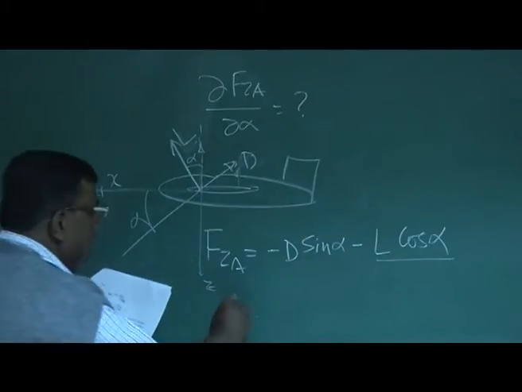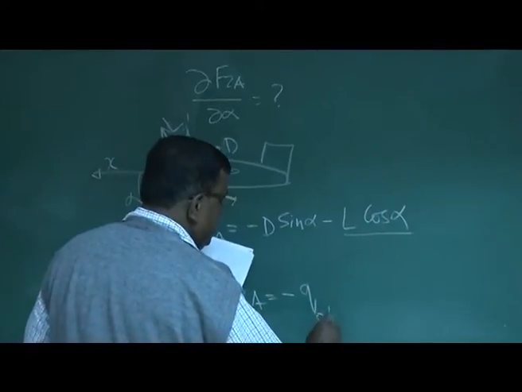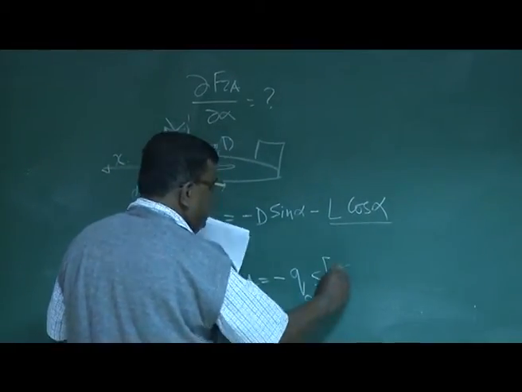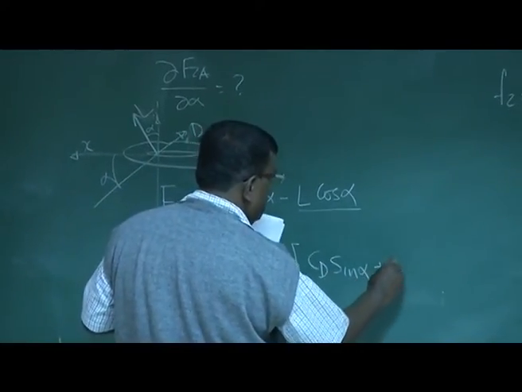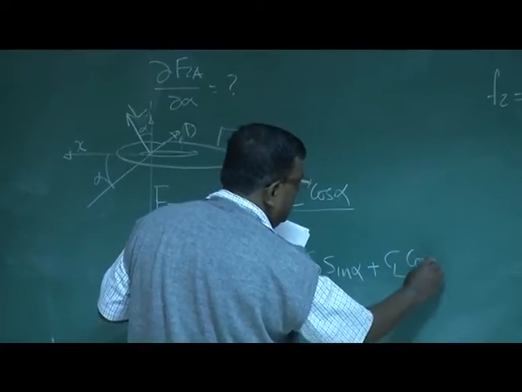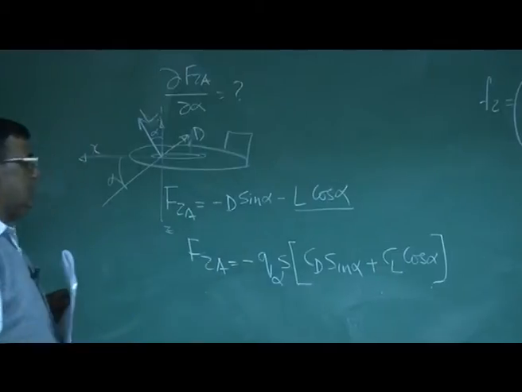So I can write FZA as minus Q infinity S into CD sine alpha plus CL cos alpha. Alpha is the perturbed angle of attack. Do not forget this.